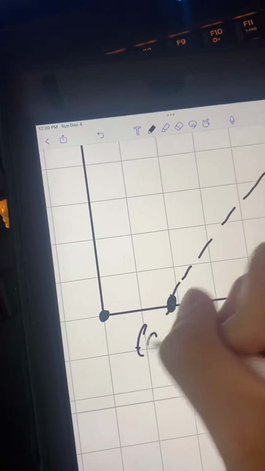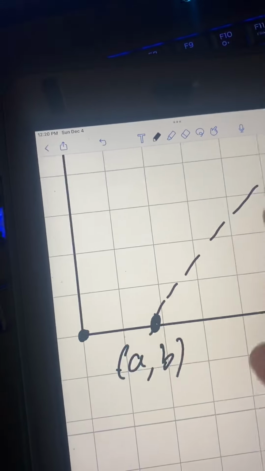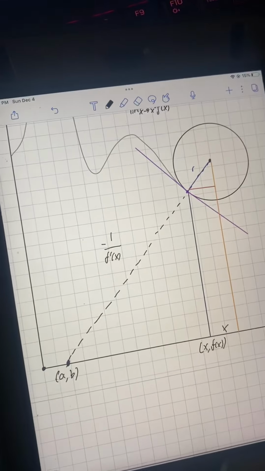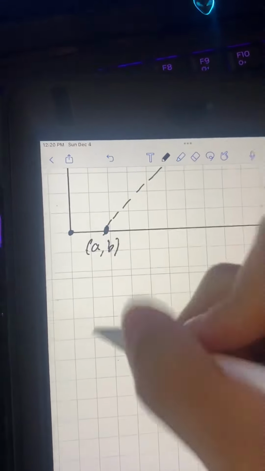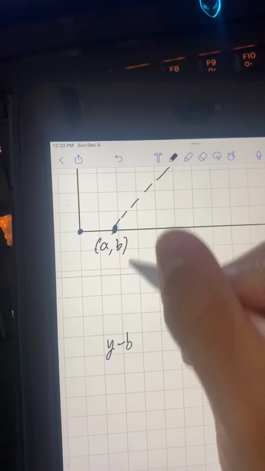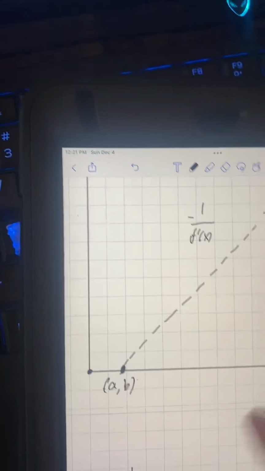I'm just gonna call it a comma b, right? And we can just plug this into a slope equation. So we'll do y minus b, which is your b that you got here, because, well, we don't know b yet, right?